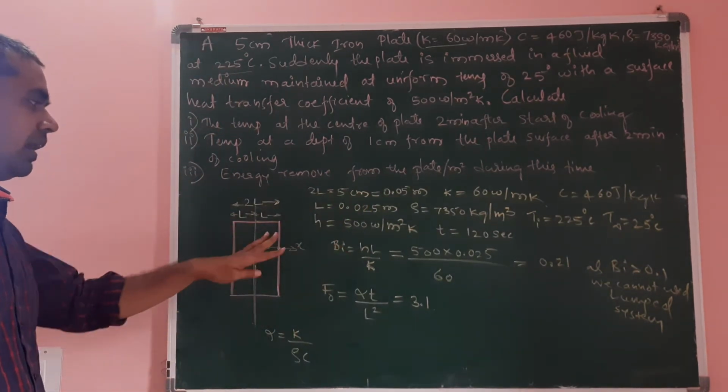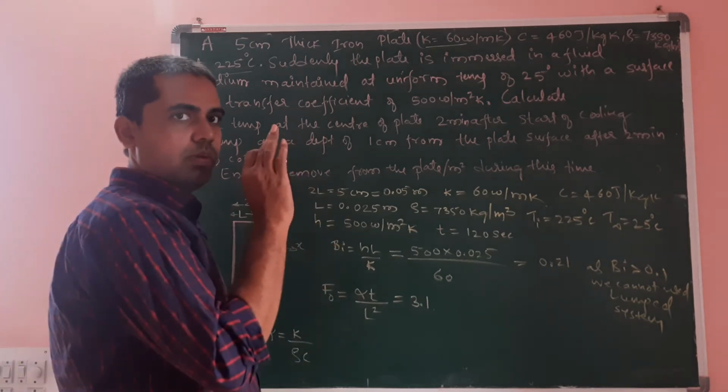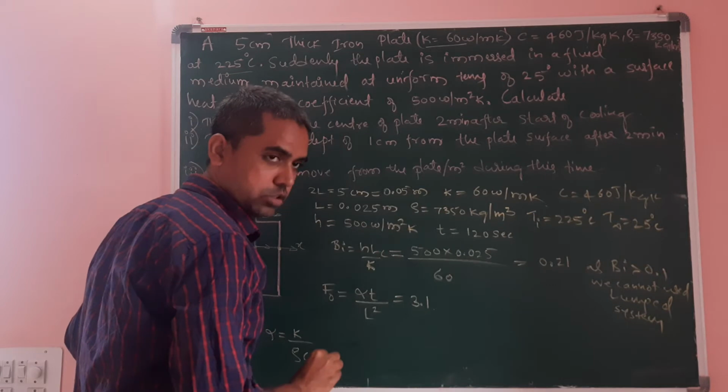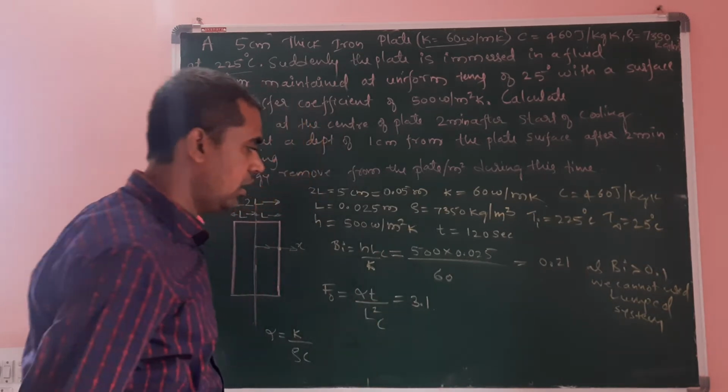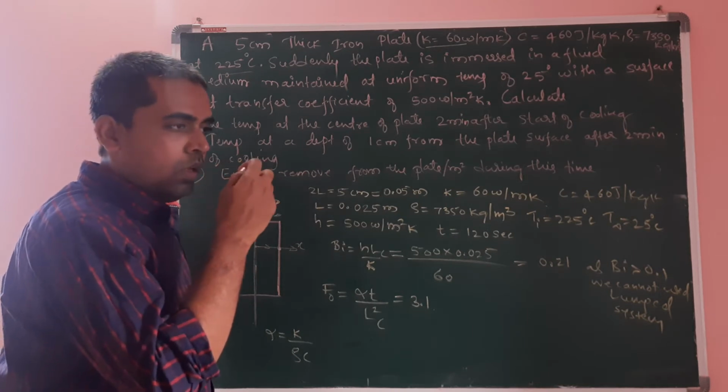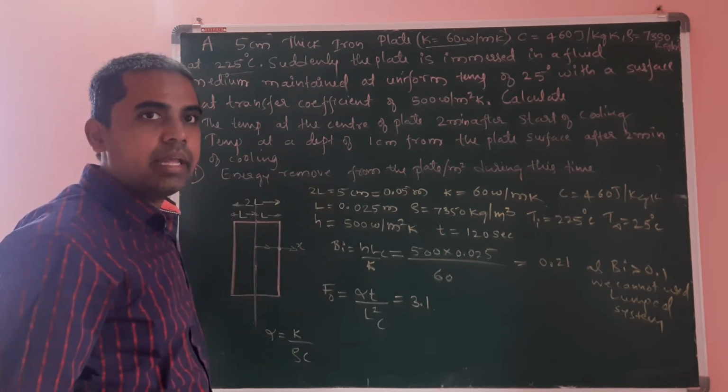For a flat plate, sometimes it is called Lc, or characteristic length. Characteristic length is nothing but volume divided by area.